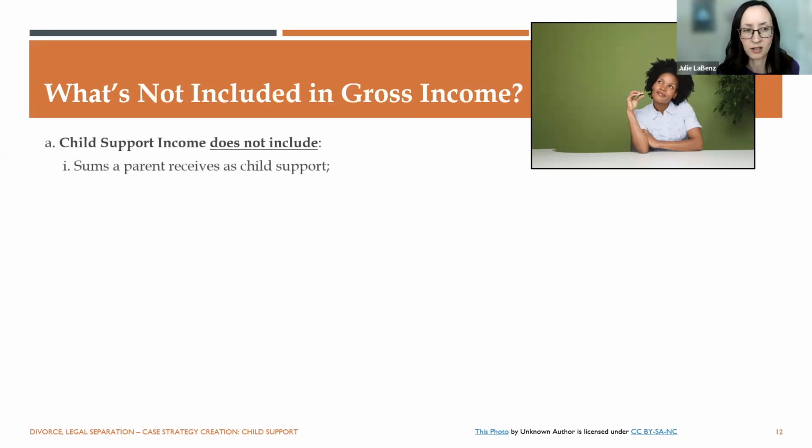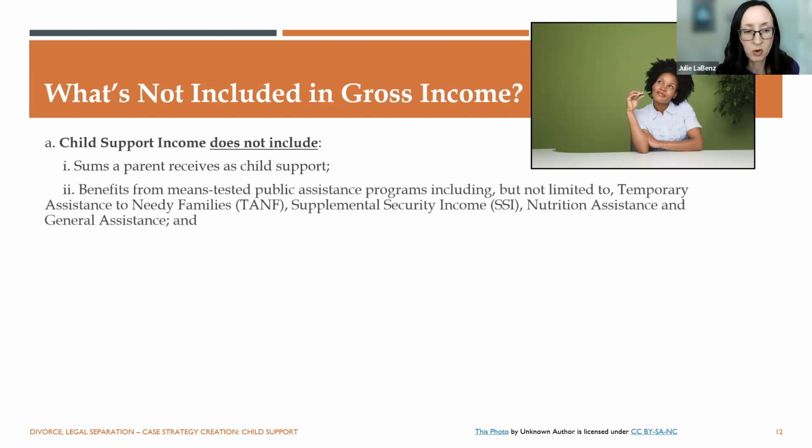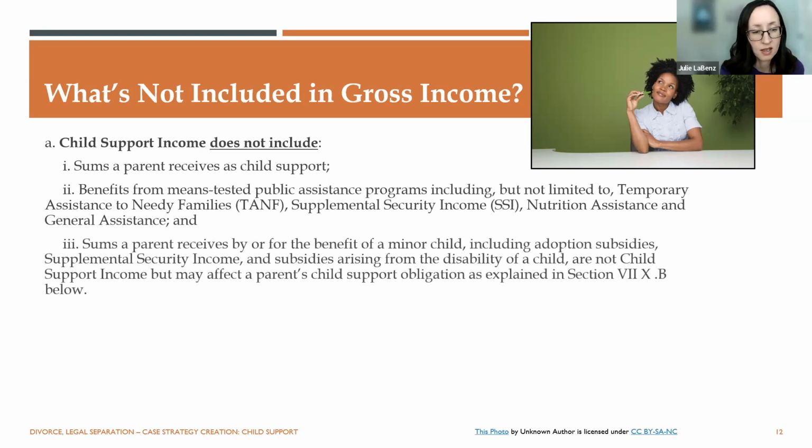What's not included in gross income? Sums a parent receives as child support, welfare benefits such as Temporary Assistance for Needy Families, Supplemental Security Income, food stamps, and general assistance.